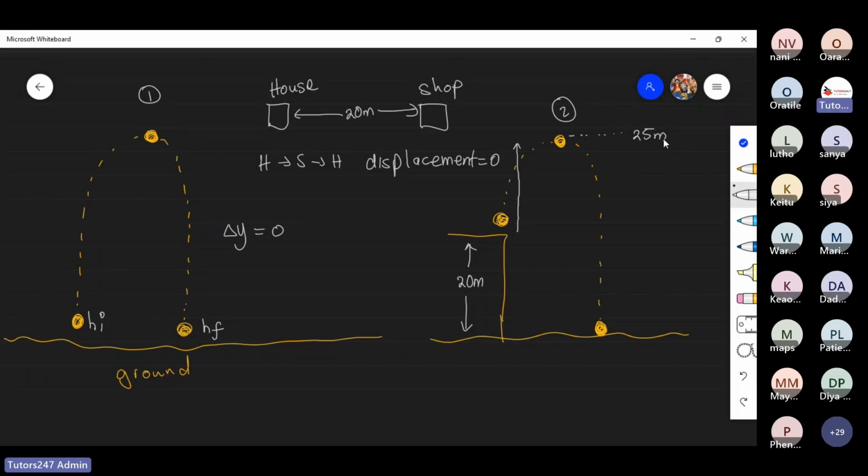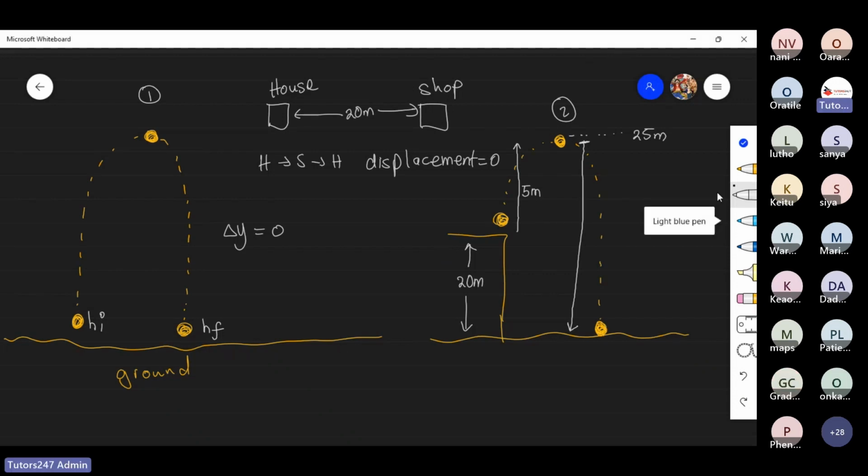But let's say it's 25 meters above the ground, which means that this vector is a 5-meter upwards vector, because from 20 to 25 will be 5 meters up. Now let's draw a second vector going down. From the 25-meter point till the ground, that vector has 25 meters on it.